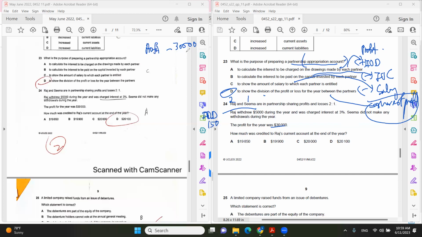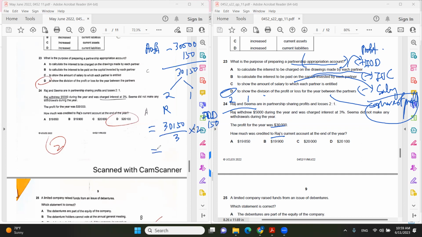So 30,000 plus 150, we get 30,150. After that, there is no other information. We share by 2 and 1. Raj is 2, and they're asking for Raj's current account. So take 30,150 divided by 3 times 2.